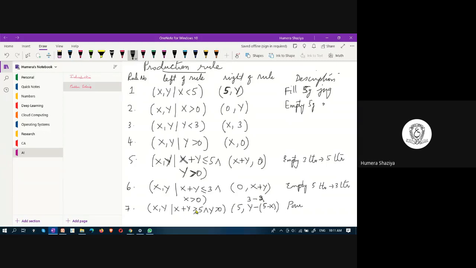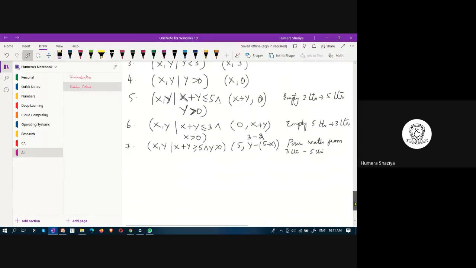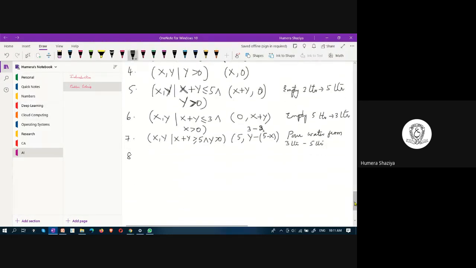This is about pouring water. It need not be completely from the 3 liter jug to the 5 liter jug. That is the seventh rule.